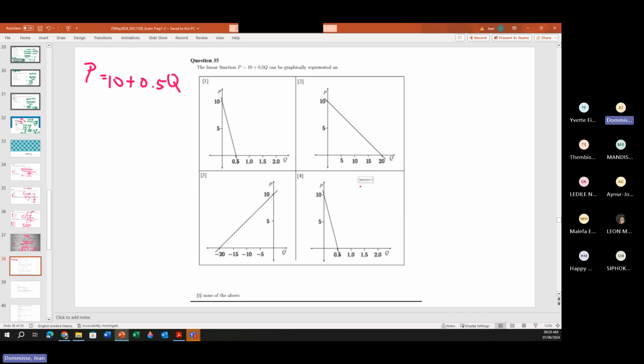Okay, so first thing I normally look at is the y cutoff, or in this instance, your P cutoff. So what will that be? That will be 10.